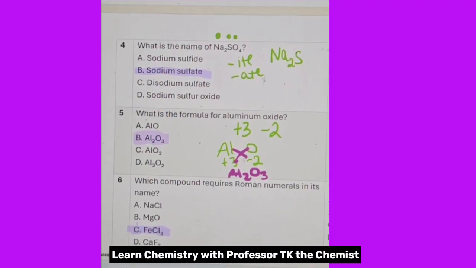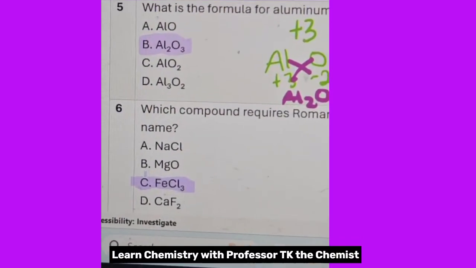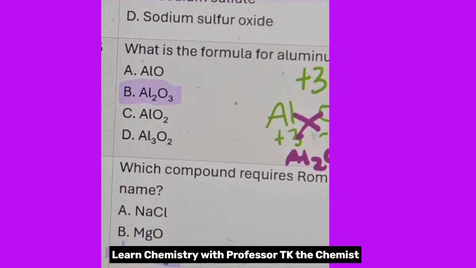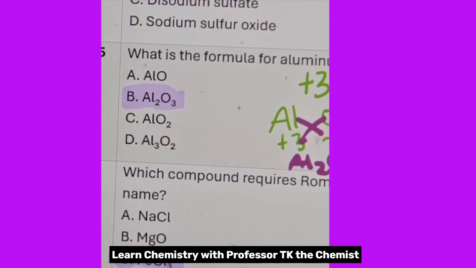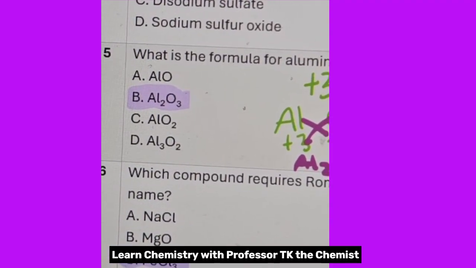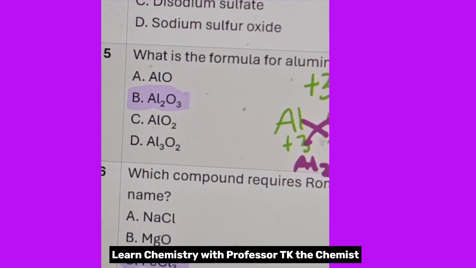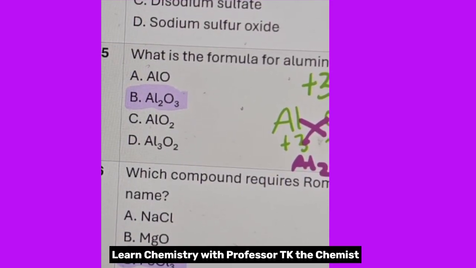Let me zoom in so y'all can see why. Let me pin Safa's response. Y'all see what Safa wrote, right? Iron, copper, tin. Those elements are the ones that have more than one charge, and they are typically your transition metals.